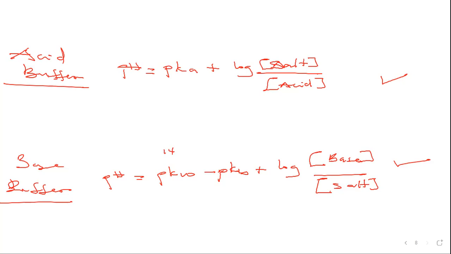So to find the pH, knowing the formula, our pH will be equal to 14, like I told you, the pKw is the same as 14, minus our pKb, plus the log of the concentration of the base, which is 0.1, divided by the concentration of the salt, which is 0.01. Then you're going to get 10.36 as your pH. Be very careful not to interchange them, so you should know what you are doing.